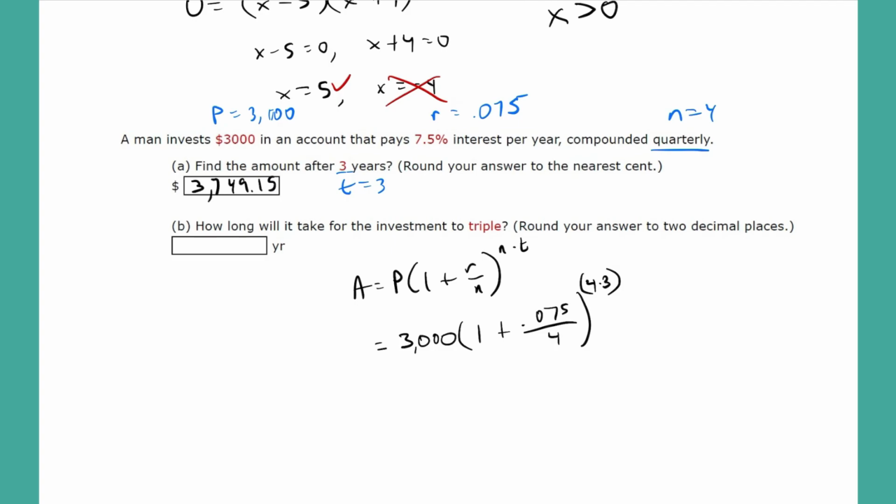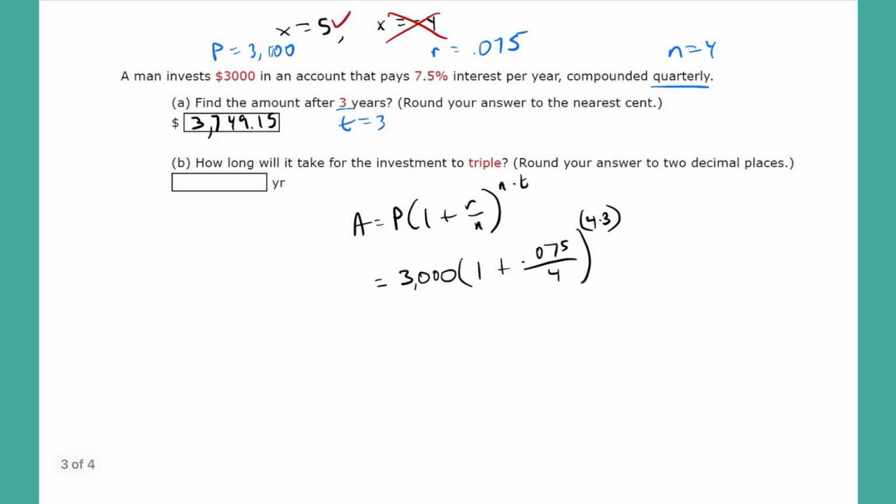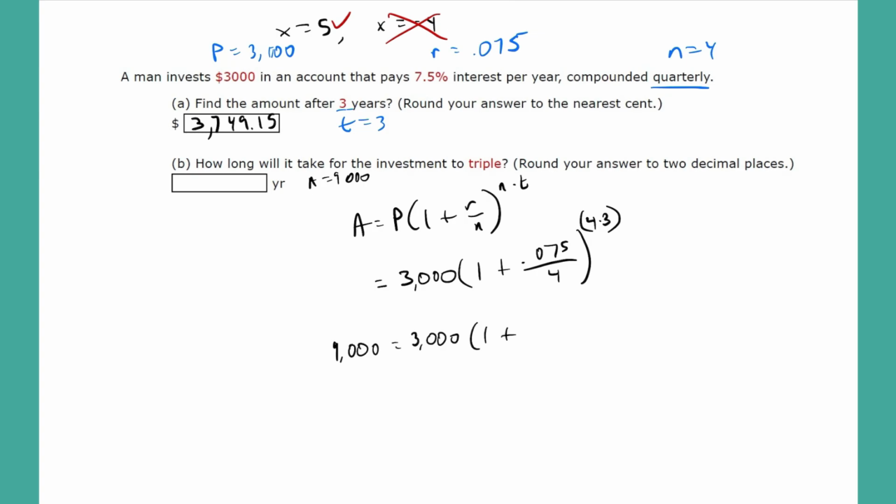How long will it take for the investment to triple? All right, in order for the investment to triple, that means it has to go from 3,000 to times 3. That's 9,000. So in other words, A has to be 9,000. So 9,000 equals the principal, 3,000, and everything else stays the same except for the time.